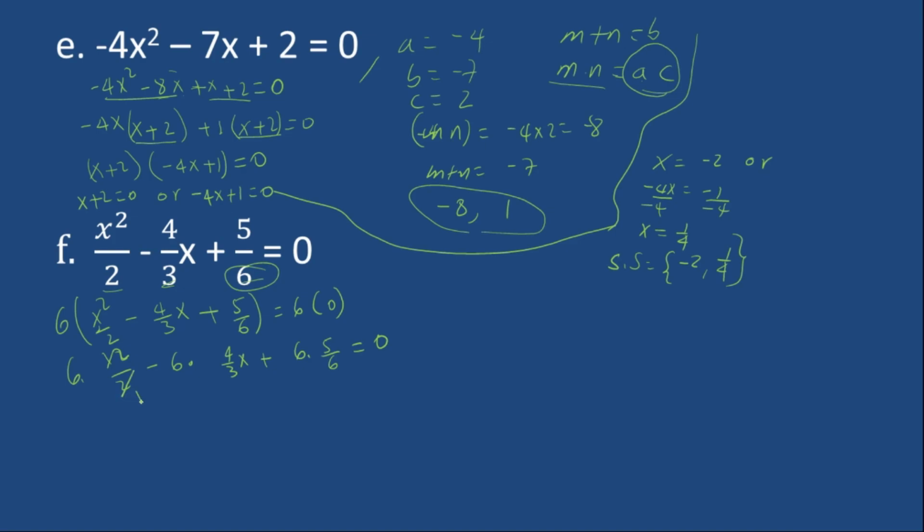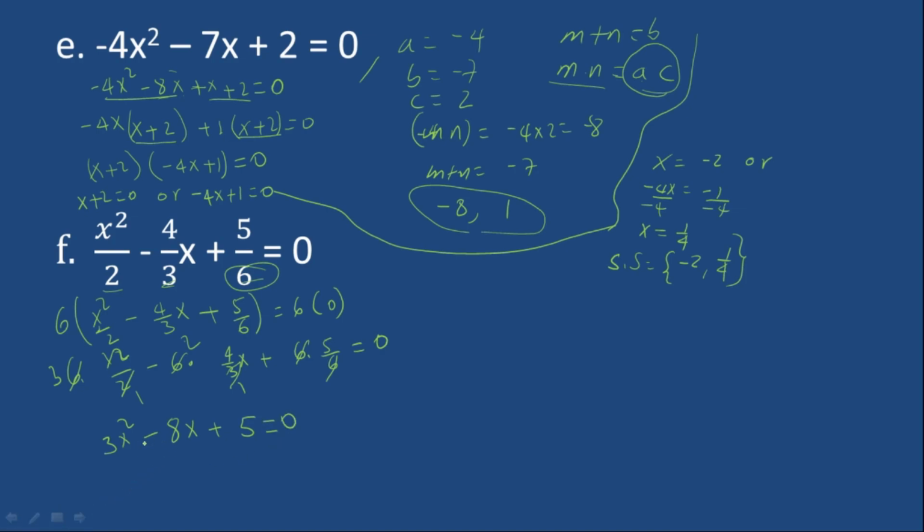So 3x squared minus 8x plus 5 is equal to 0.